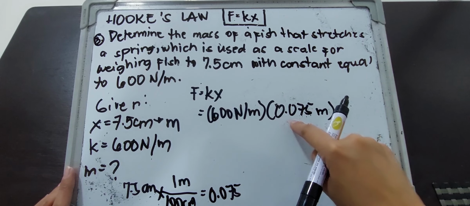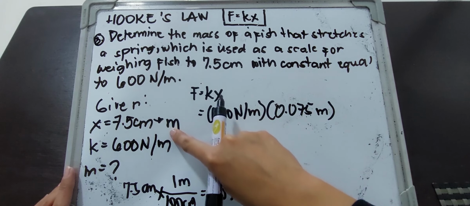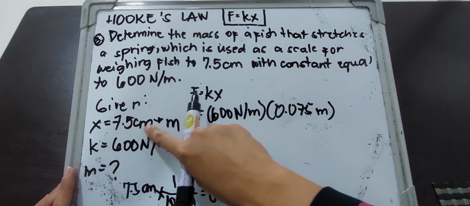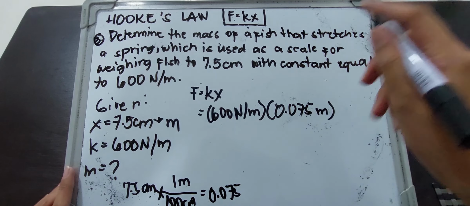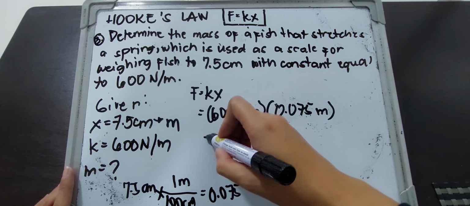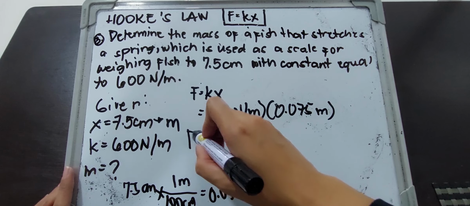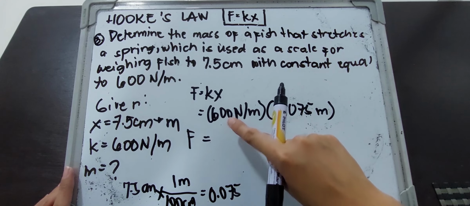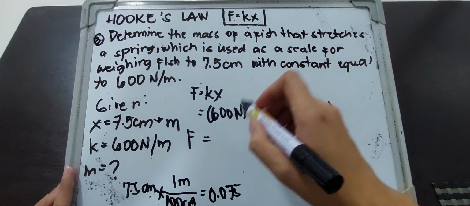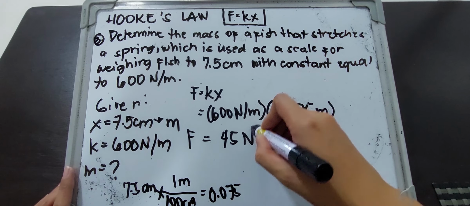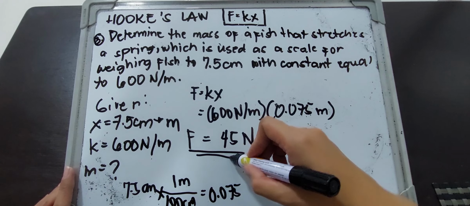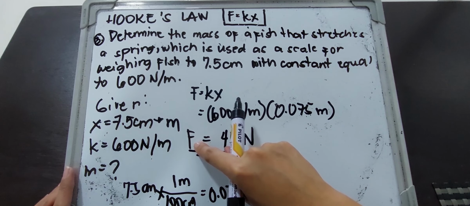Again, kinonvert lang tong amount of elongation into meters. So 7.5 centimeters is equals to 0.075 meters. And our force, equivalent force, 600 times 0.075 is 45 newtons. So this is the weight or the force of the fish.